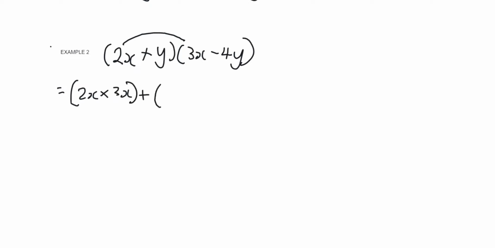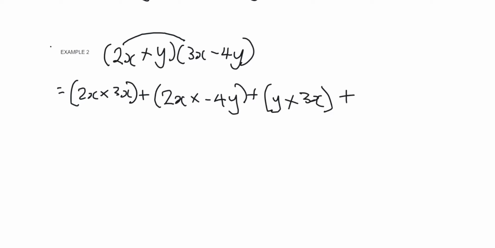Remember, it's FOIL, first, then the outer: 2x multiplied by negative 4y. And then this one is a plus, so plus y multiplied by 3x. And then plus the last one, y multiplied by negative 4y.